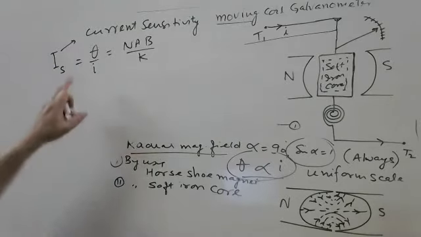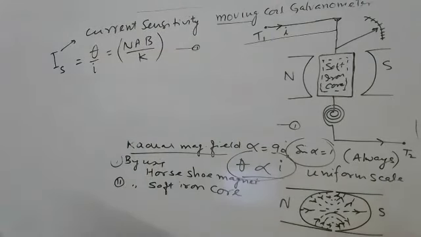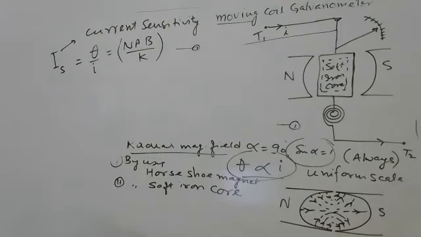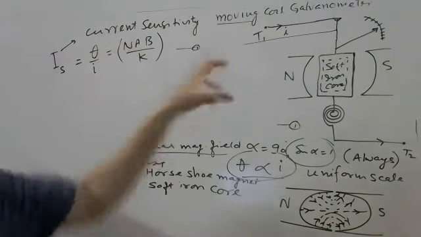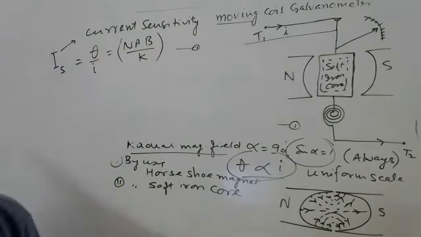Now you can say, by this formula, how you can increase the current sensitivity. Current sensitivity can be increased by increasing the numerator part like NAB and decreasing K, the torsional constant. We have taken the best material alloy, so on K we can't do anything. We have already taken the best one. Now if we increase the magnetic field strength, definitely current sensitivity increases, but its cost is also increasing.